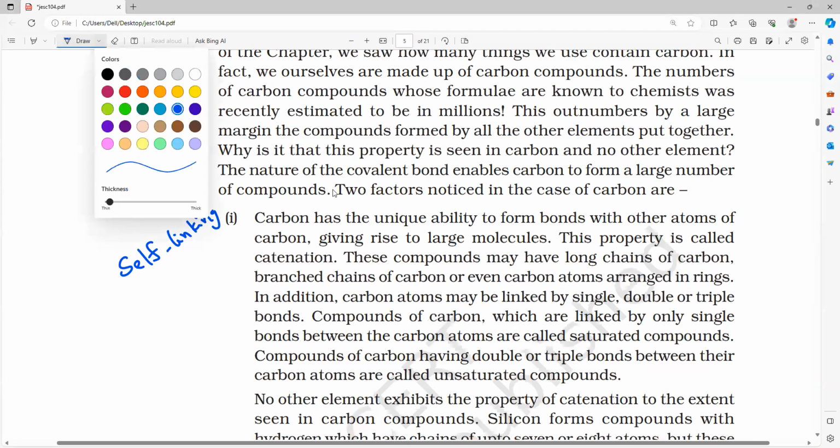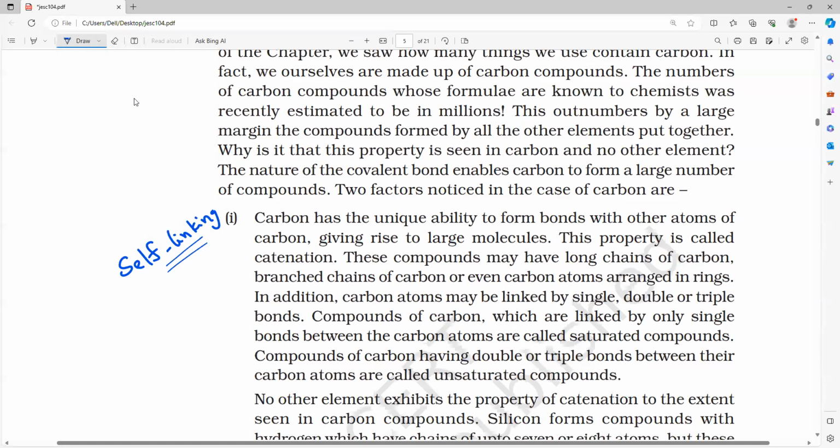Carbon and carbon itself can form the longest chains, long and straight chain compounds, long and branched chain compounds, and long and continuous rings also. That property is not shown by any other element, which makes carbon very unique. They can form compounds of carbon like continuous straight chains.